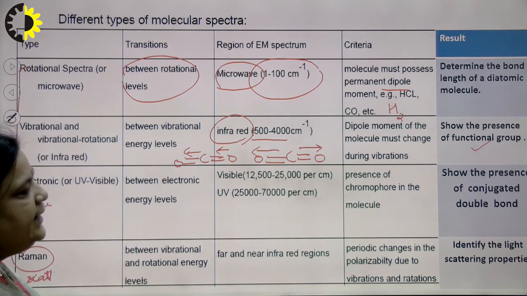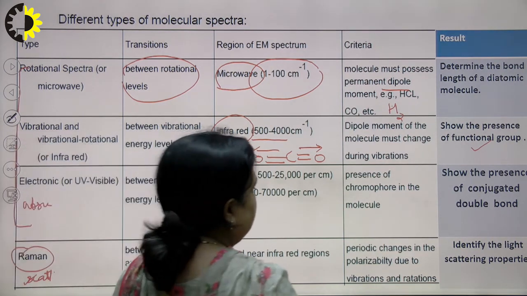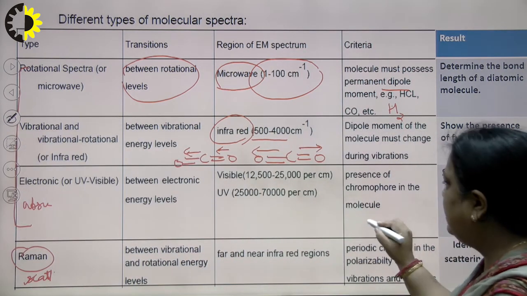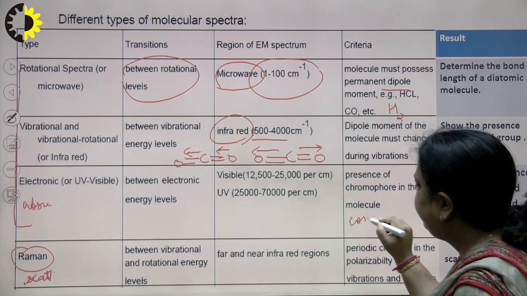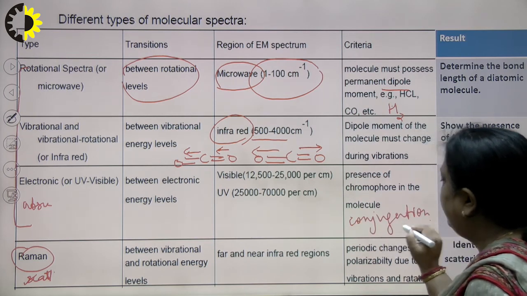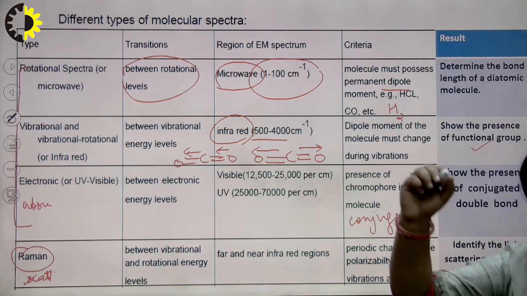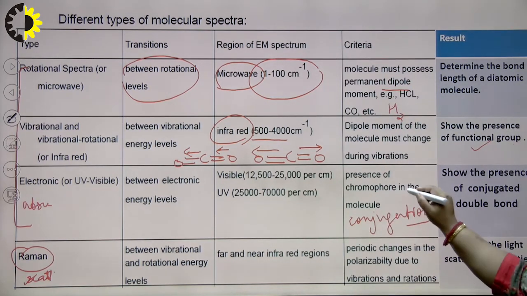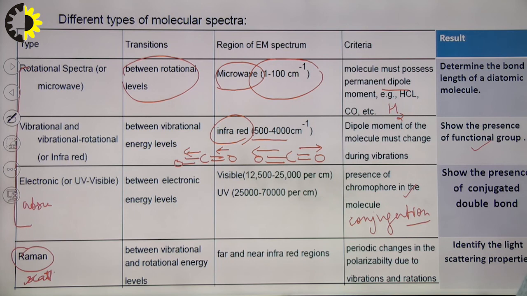And what is the criterion? The criterion is either conjugation, meaning alternate double bonds, so the transition will occur, or a chromophore must be present. Chromophore means colored group. And what is the main information which we get? The presence of conjugated double bonds.